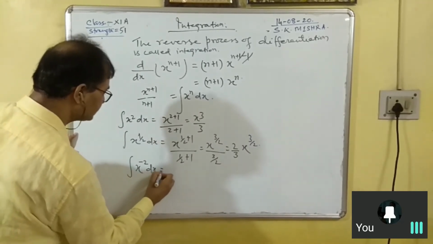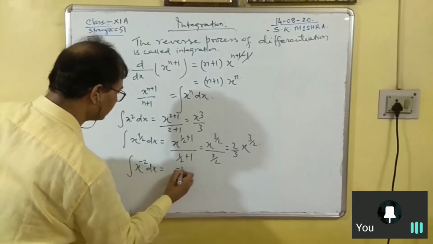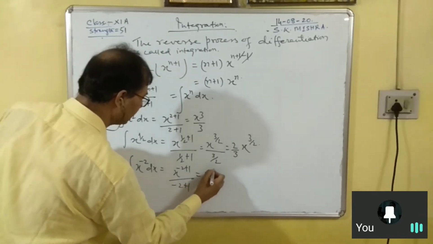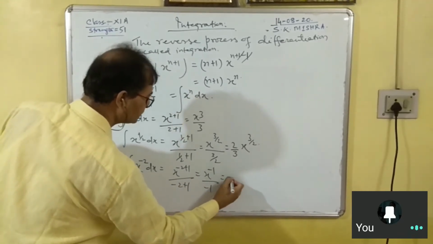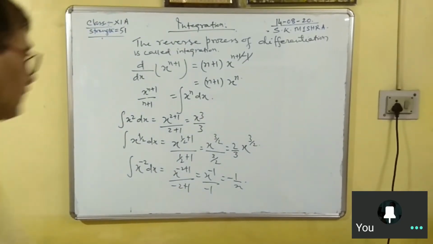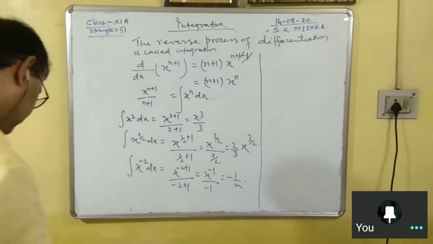This is x raised to (minus 2 plus 1) by (minus 2 plus 1). So this is x raised to minus 1 by minus 1, so minus 1 by x. Written?